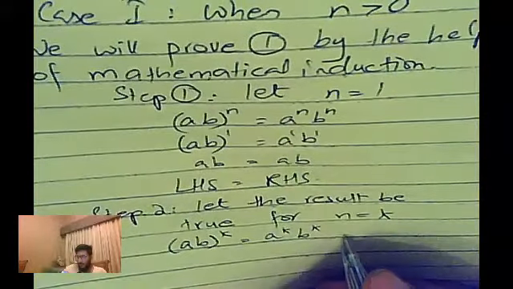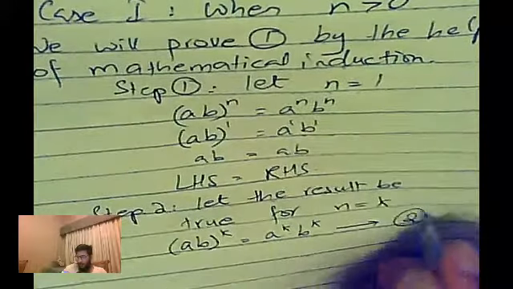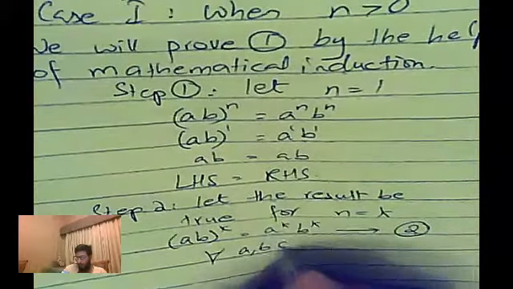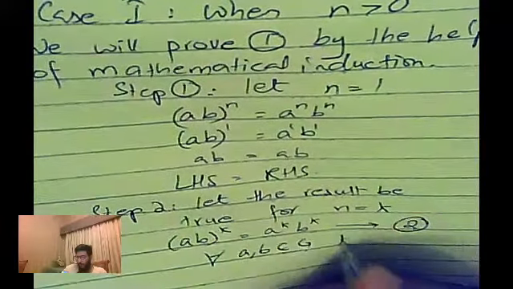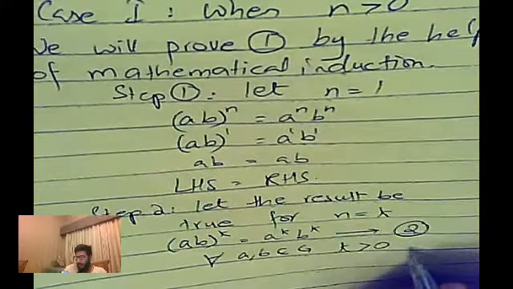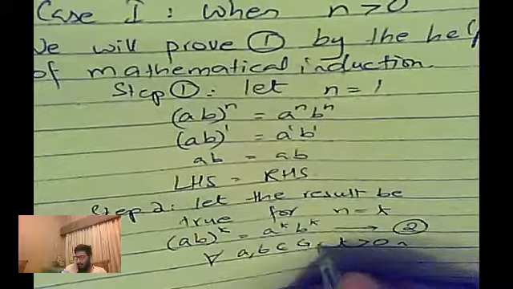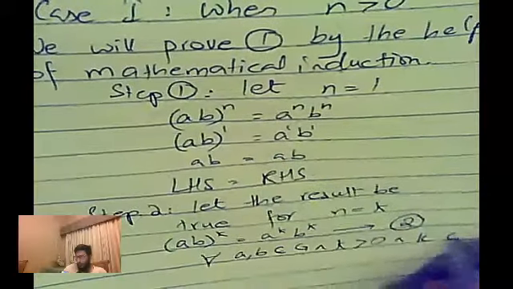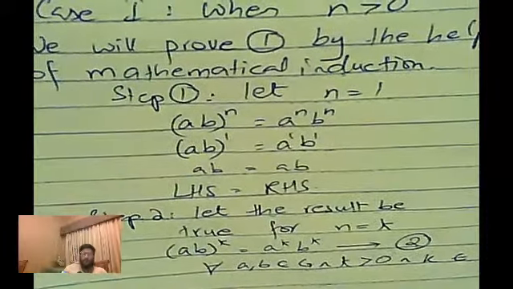We name this as equation number 2, for all a, b belonging to the group G and k greater than 0, and k belongs to the set of integers. Okay, I'll just move to the next page.